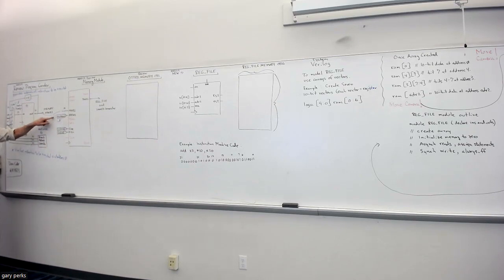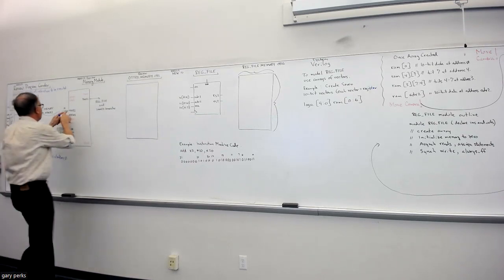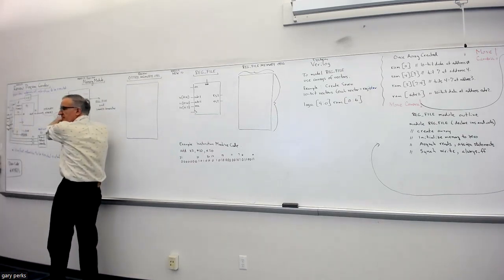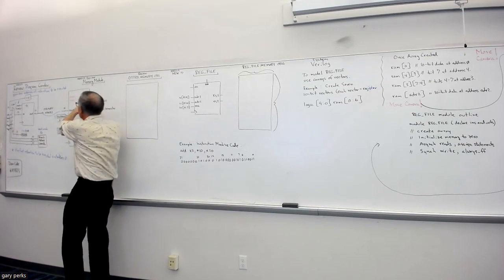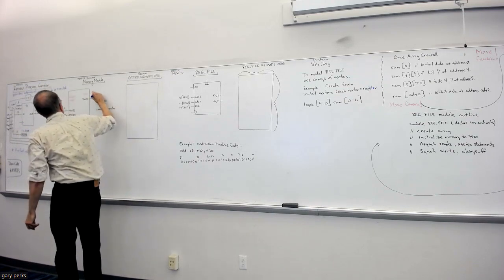So if this read enable 1 is active high, by the way, that comes from the control unit FSM, at the time of the 0 to 1 transition of the clock, the contents of this address, namely the instruction at this address, is now going to be here at D out 2. So this is where your machine code instruction is going to be.